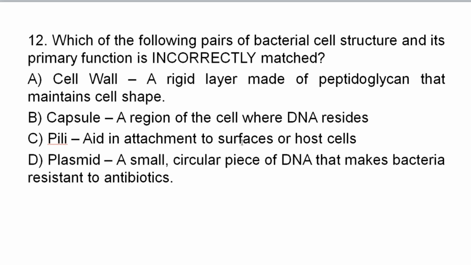D. Plasmid, a small circular piece of DNA that makes bacteria resistant to antibiotics. Which one is incorrectly matched from the given alternatives between the structure of bacteria and its function?